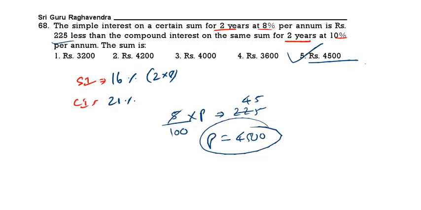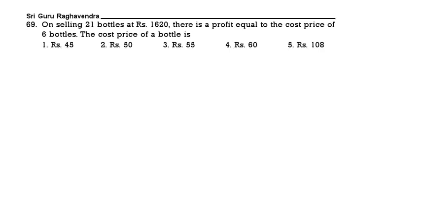What is the principal? 4500. Next question. On selling 21 bottles at 1620, there is a profit equal to the cost of 6 bottles. The cost price of a bottle is how much? See here, on selling 21 bottles, that means 21 bottles selling price is equal to, there is a profit equal to 6 bottles, 27 bottles cost price.